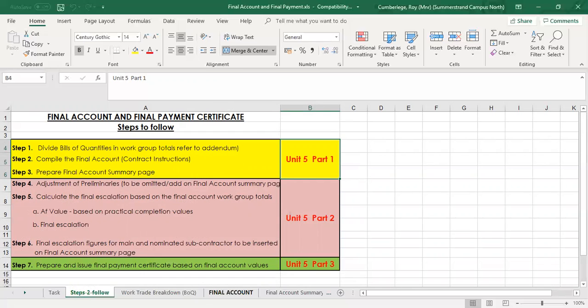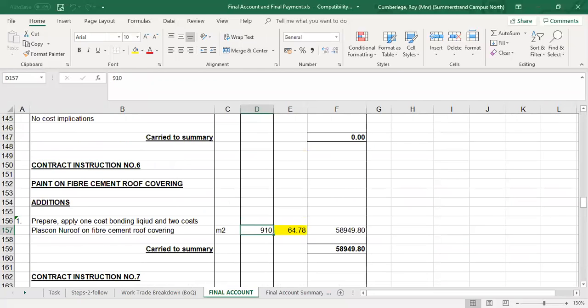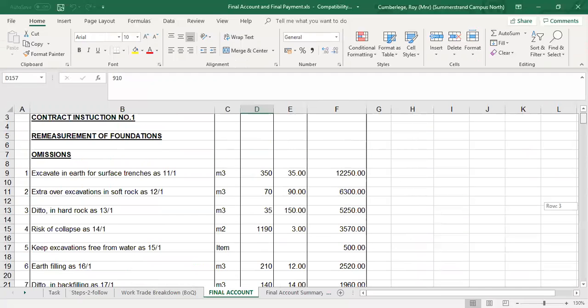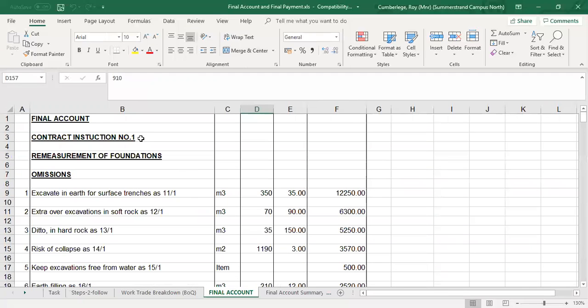So if we look at our final account, let's start with our step number 2, the final account based on the 6 contract instructions. We're going to start with contract instruction number 1, and I'm going to run through this very quickly because we already discussed the compilation of a final account.